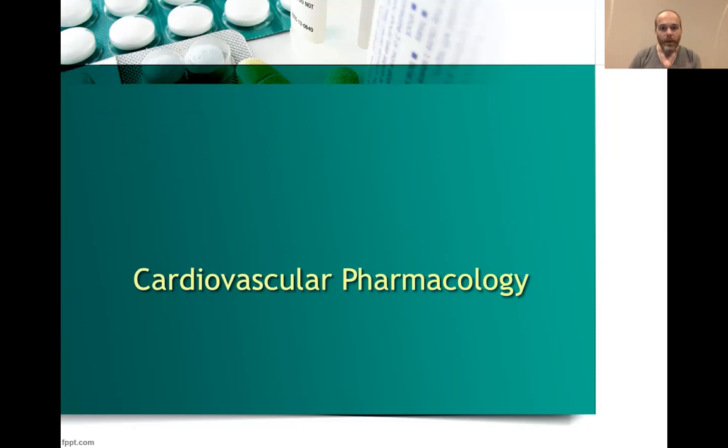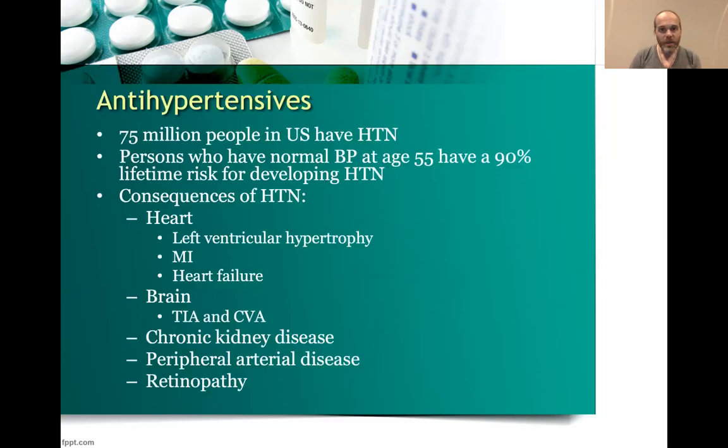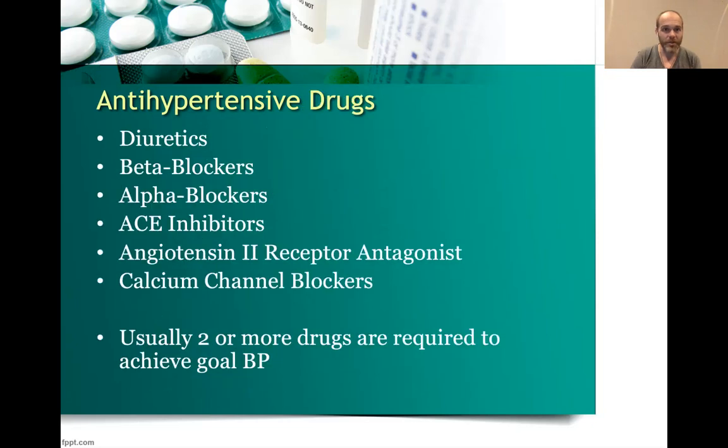Okay, going into cardiovascular pharmacology. This is nothing you don't know. I'll let you read this. All these stats, you know, on hypertension and the consequences of hypertension. There are a lot of different kinds of antihypertensive drugs out there.